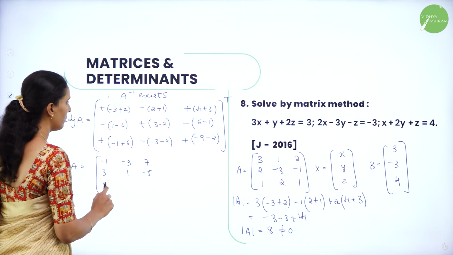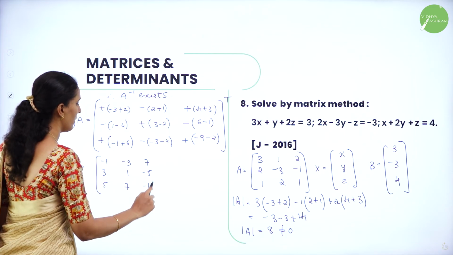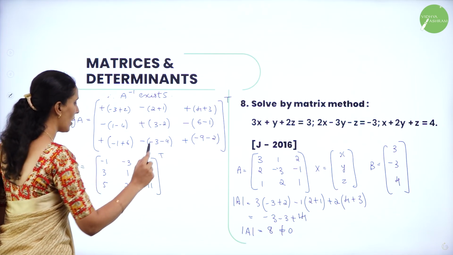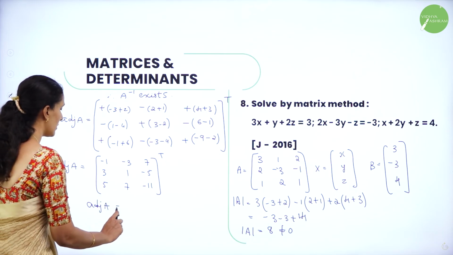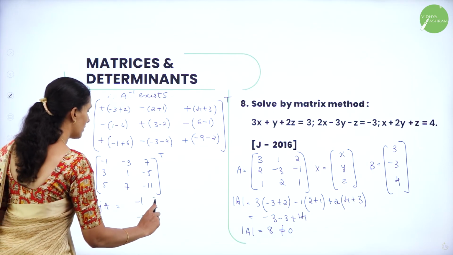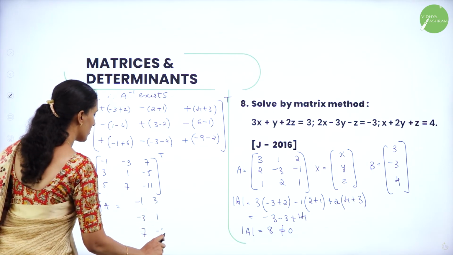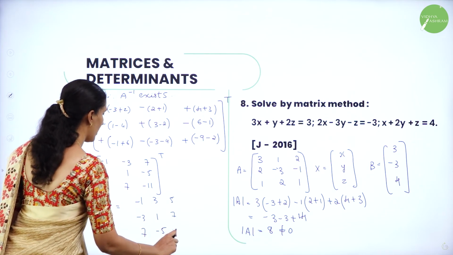Next, 5, 7, minus 11. Take the transpose of it. So therefore adjoint A is equal to minus 1, minus 3, 7, 3, 1, minus 5, 5, 7, minus 11.